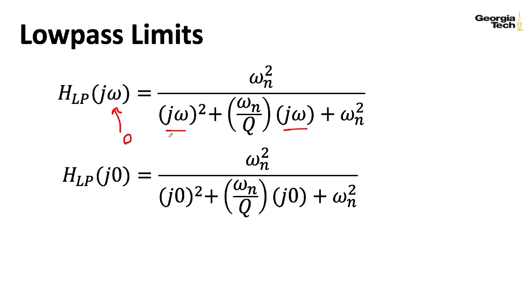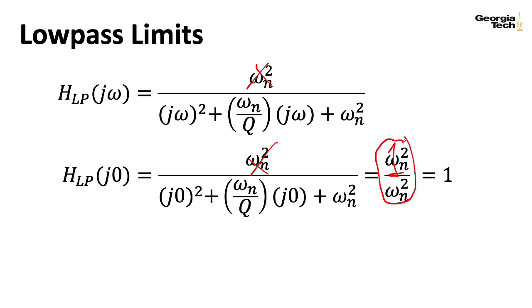So this term here goes away, and this term here goes away, and we're left with omega n squared over omega n squared, which gives us a 1. And now you see why it was convenient to put this omega n squared in the numerator. If we didn't have the omega n squared here, we would have a 1 in the numerator here, and the gain at DC would be 1 over omega n squared. But putting it there provides a convenient normalization that gives us a value of 1 at DC.